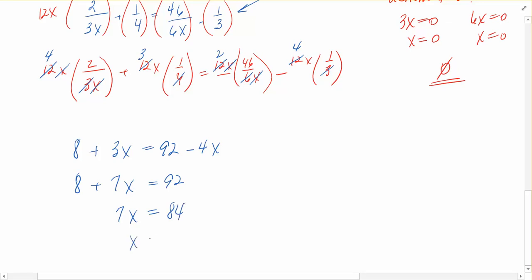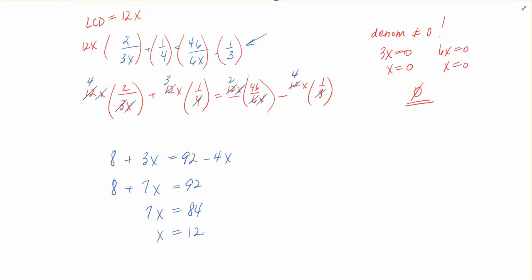And then I divide both sides by 7, and I get x is equal to 12. If I wanted to check that answer, I could substitute it back into the original equation, but I found out that x is actually equal to 12.